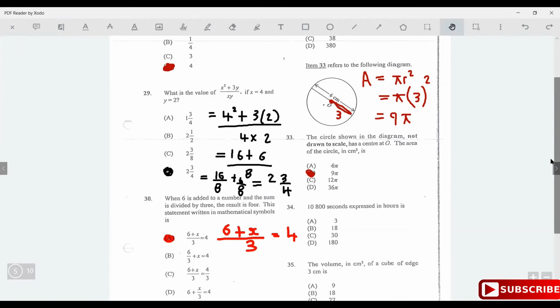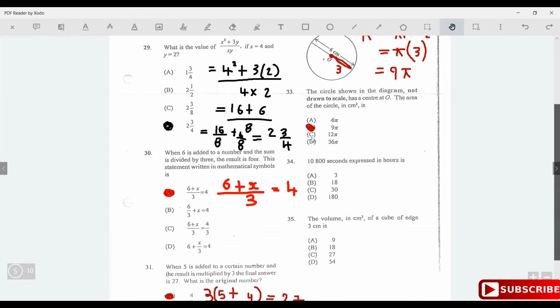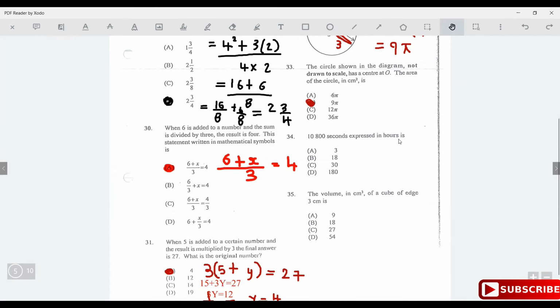Question 34. It says 10,800 seconds expressed in hours is? I don't like to go from seconds to hours. I like to go from seconds to minutes, then minutes to hours.